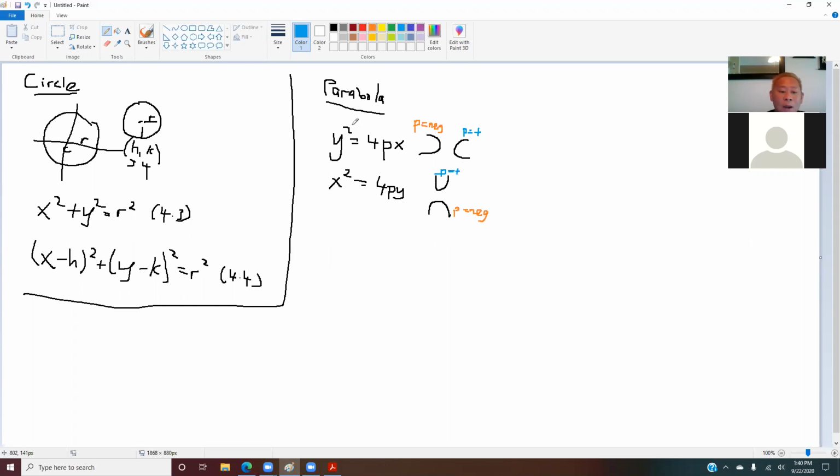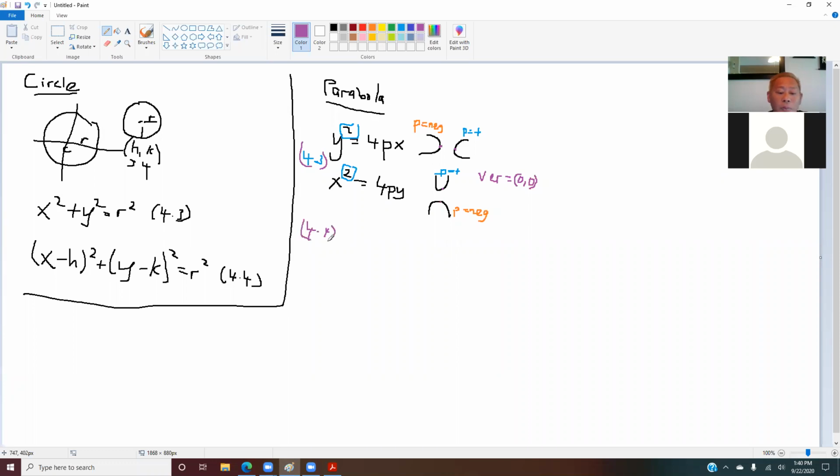Watch carefully, you can only get one square here. And this is all in 4.3, where your vertex is at the origin, (0, 0).